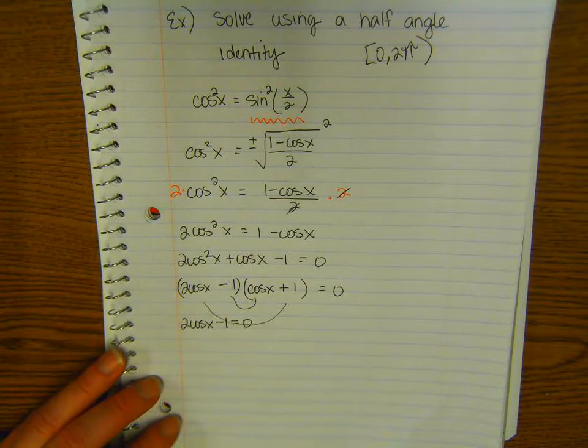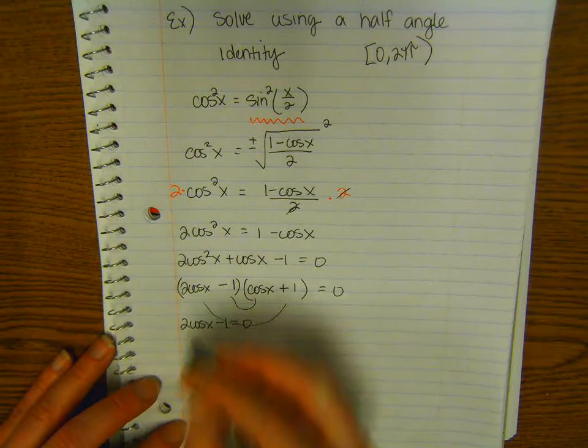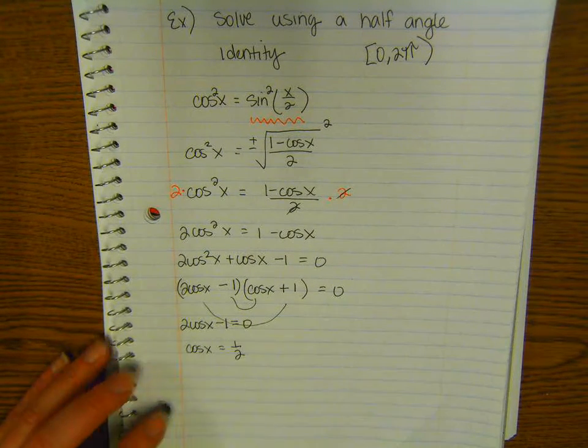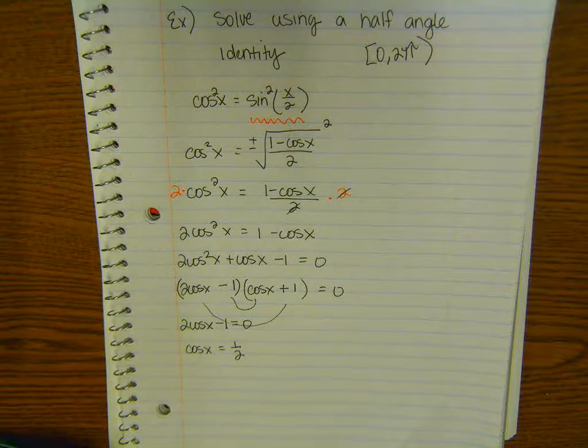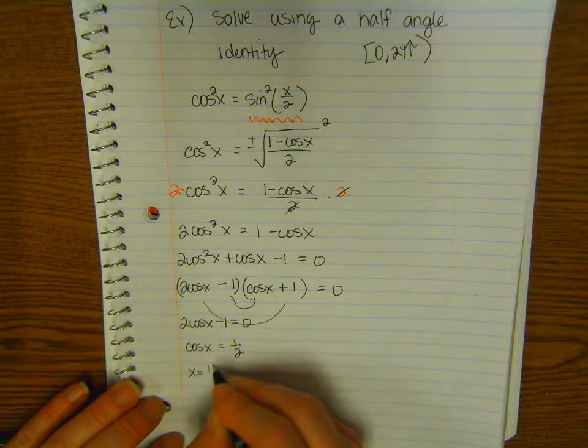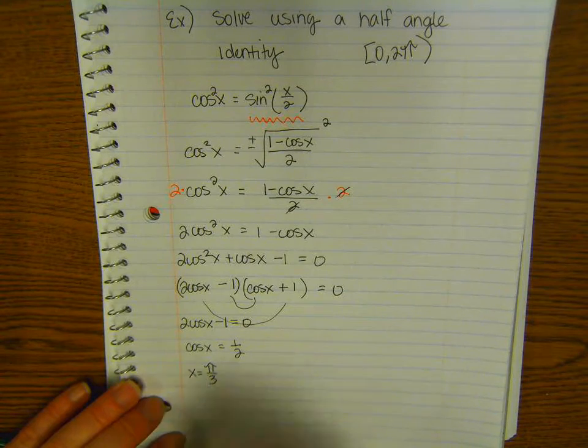So 2 cosine x minus 1 equals 0. That would mean where cosine x equals positive 1/2. One of them is pi thirds. 5 pi thirds.